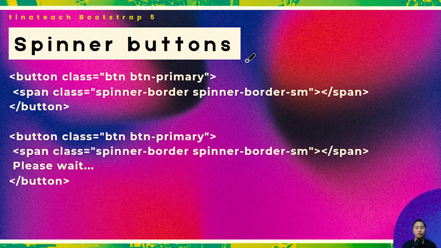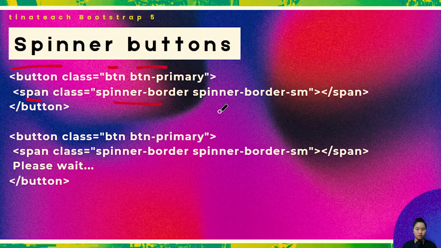Next up, the last part, spinner buttons. So this is just a format, just aesthetic. And we go with, well, obviously this is a button, so we have to have the button tag, class btn, and then btn primary for the color. Span class, now the span element is the one that has the spinner.